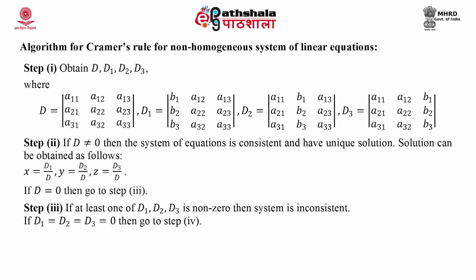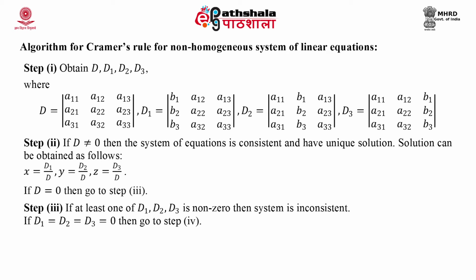Now, to obtain D1, we have to replace the first column of D by the right hand side of this system of equations. So, we will have here the first column as B1, B2, B3. Similarly, for obtaining D2, we have to replace the second column of D by B1, B2, B3, and to obtain D3, we have to replace the third column of D by B1, B2, B3.